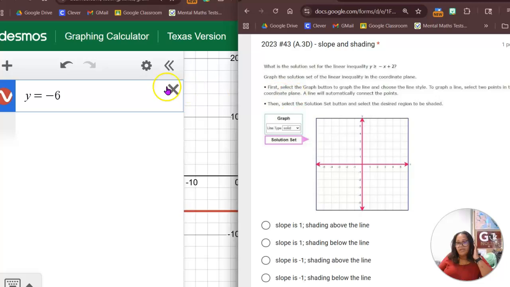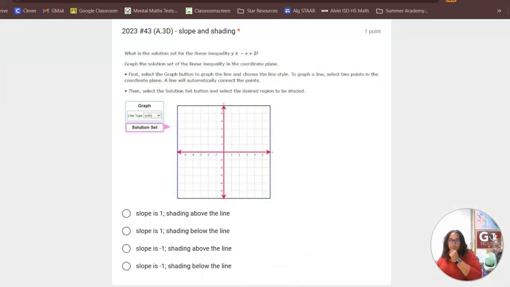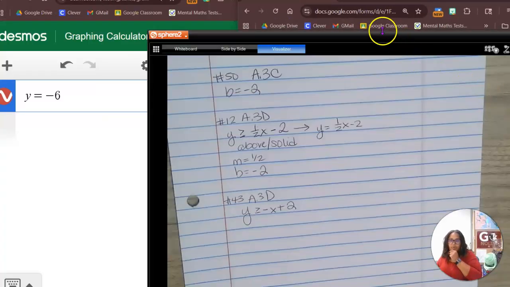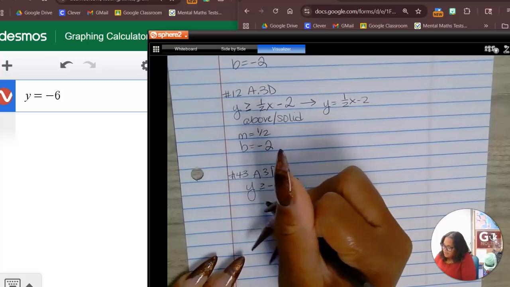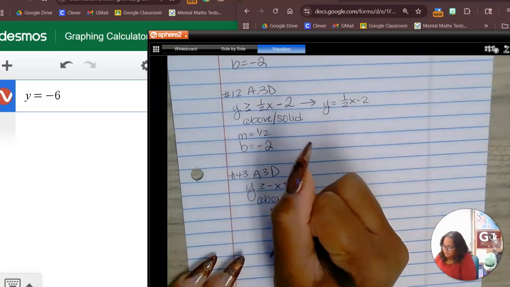Number 43. This is A3D. Y is greater than or equal to -x plus 2. So while I'm writing that down, this is above and solid again.